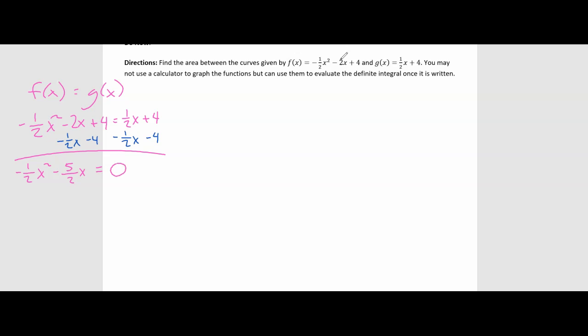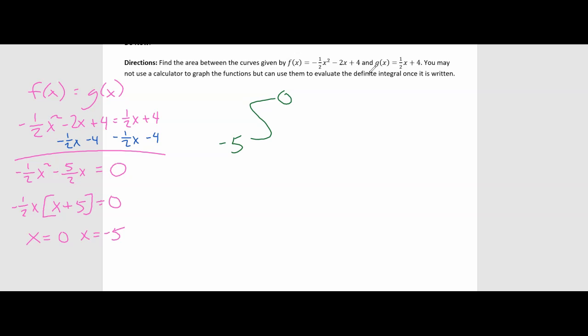Well, I can factor out a negative 1/2 x. Inside my parentheses, I'll be left with just x plus 5. That's going to be equal to 0. So my two solutions are x is equal to 0, x is equal to negative 5. So there's our limits of integration. We're going from negative 5 to 0.